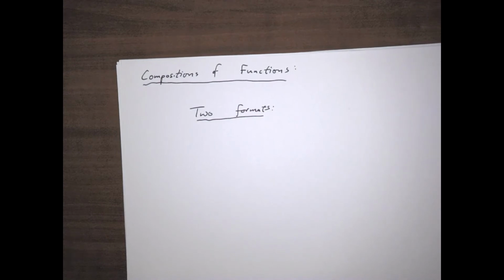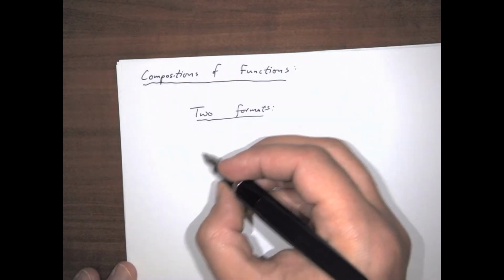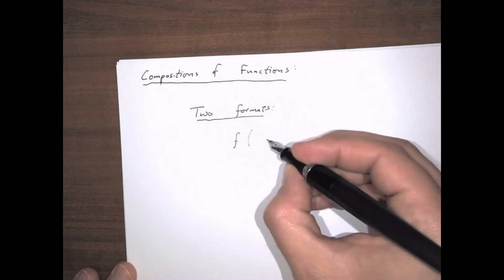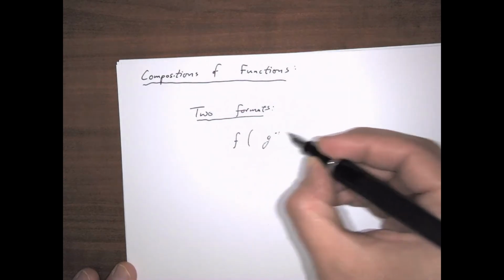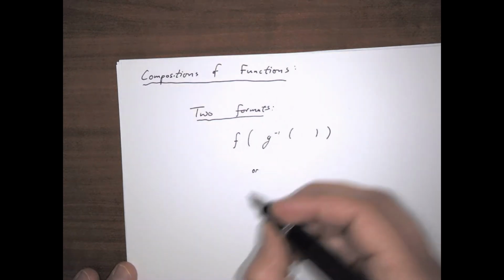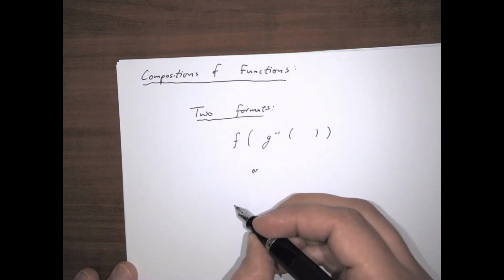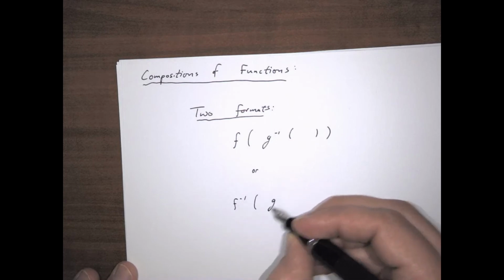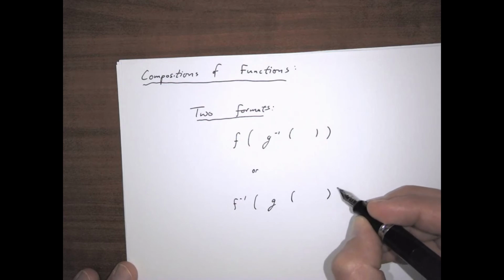One will be like sine and one will be cosine inverse, for example. So we might have f of g inverse, or we might have f inverse of g.